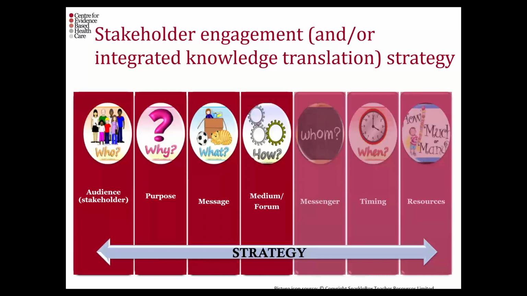So even if the first 4 steps are determined by the research team, it's important to think about who would be the appropriate person to convey the message. And then there are particular times that make more sense in a policy cycle or in a practitioner cycle, or even if you're dealing with the media, about when to share that message.